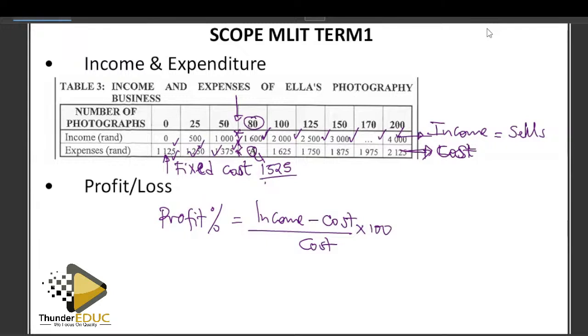This is how we get profit as a percentage. Now, if you get a negative number here, it will become loss as a percentage. So it's the same as profit over cost times 100. This is what we call profit as a percentage.